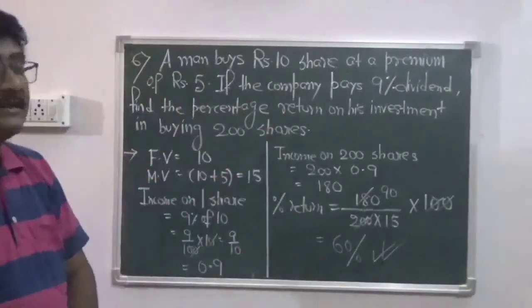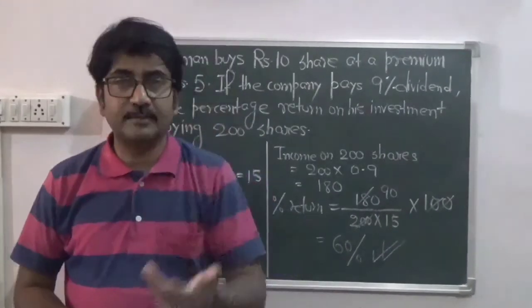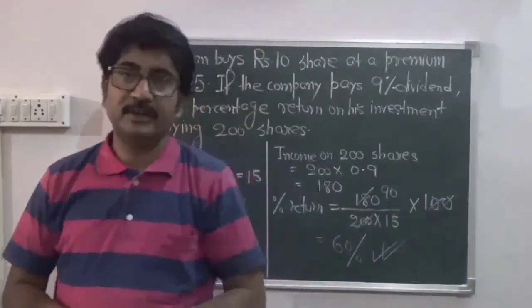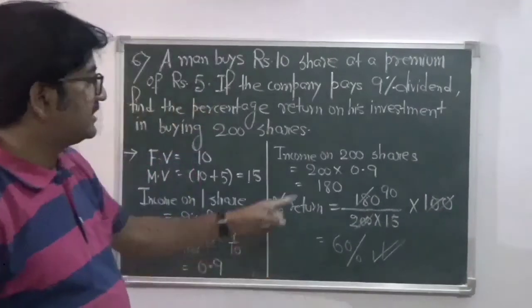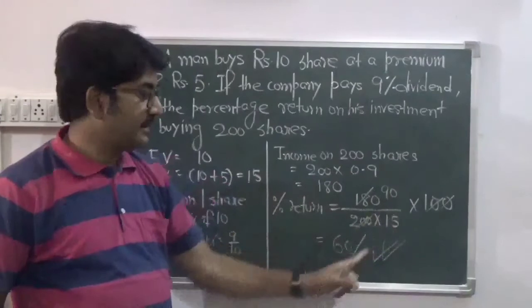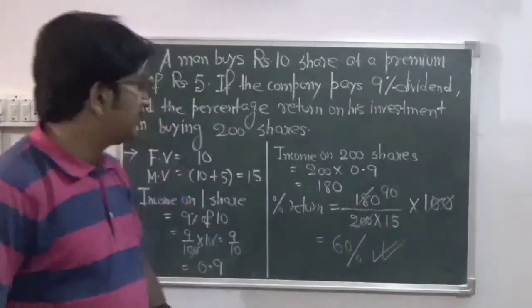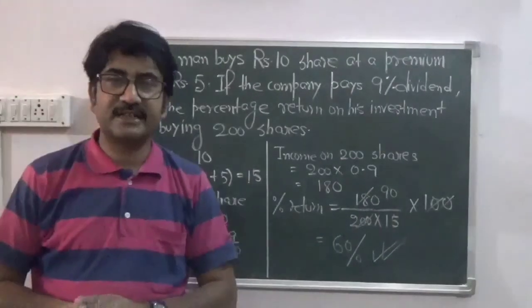And the total investment is the total market value. If you know the market value of 1 share and the total number of shares, you get the total market value. So finally the percentage return is 180, the total income, by the total investment multiplied by 100, which comes to 6%. Now let's move on to the next question, that is question number 7.